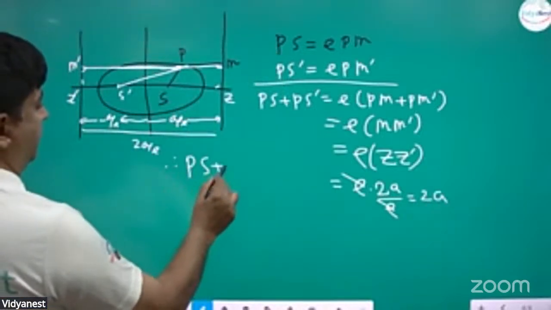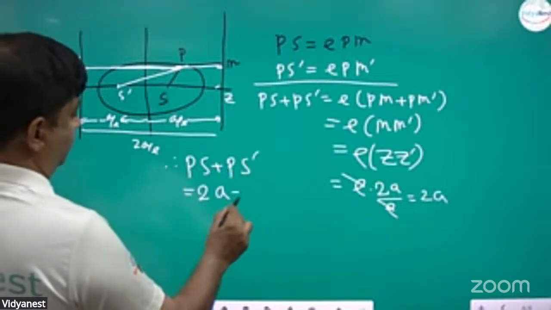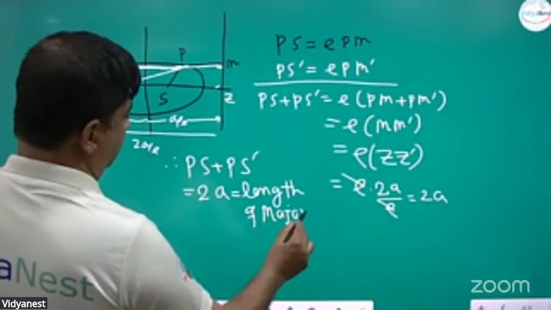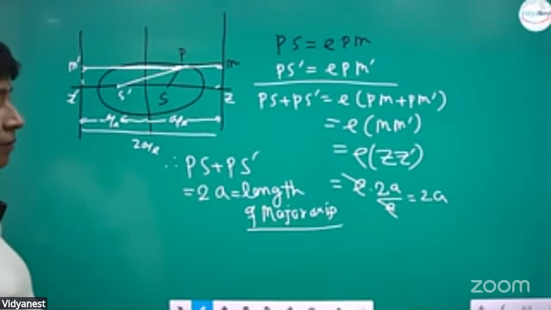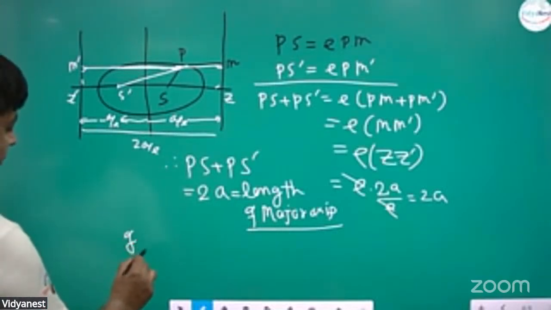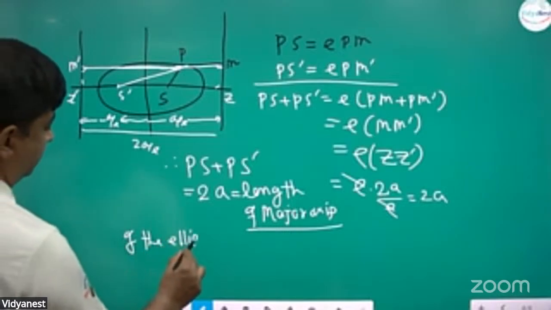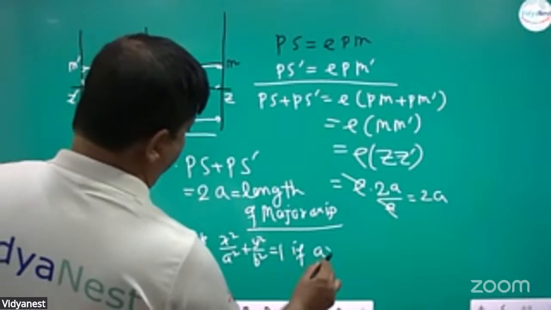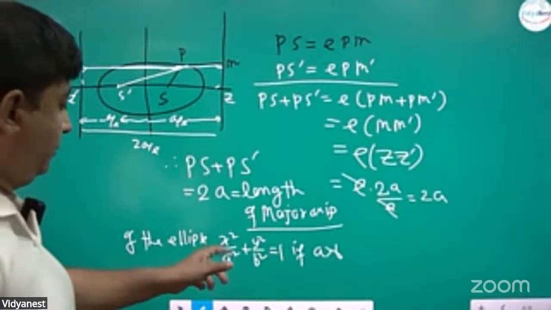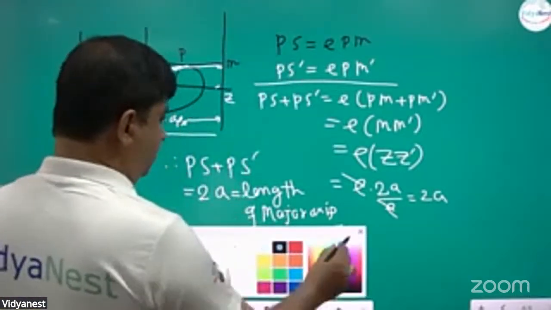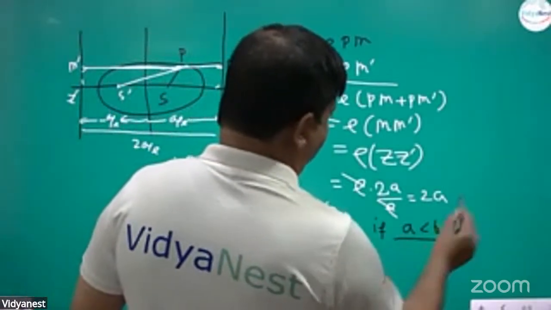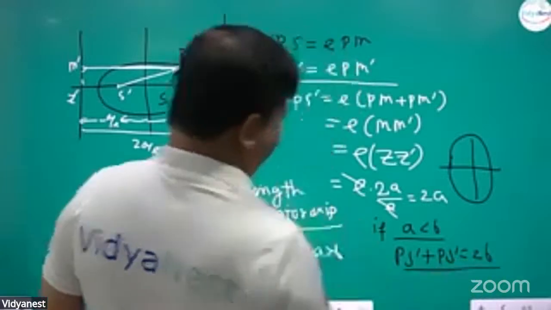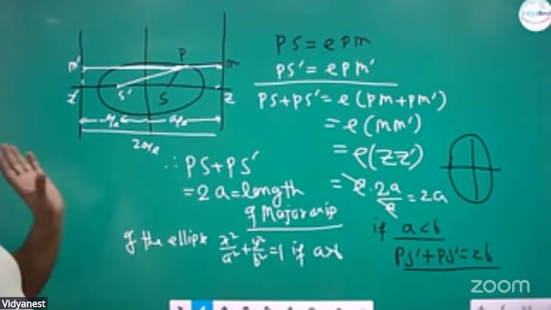Therefore, PS plus PS dash is 2a, the length of the major axis of the ellipse, if A is greater than B. If A is less than B, that means in the case of a vertical ellipse, PS plus PS dash will be 2b.